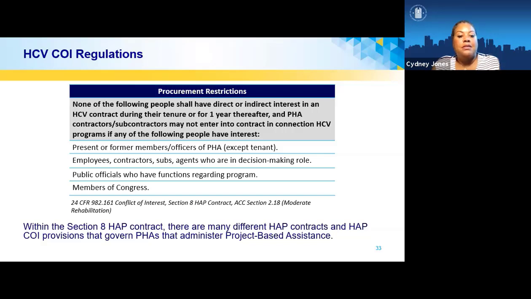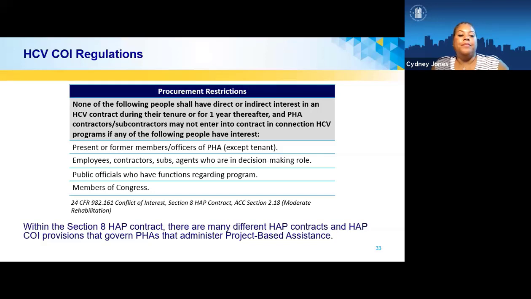What it says is that none of the following people shall have a direct or indirect interest in an HCV contract during their tenure or for 1 year thereafter, and PHA contractors and subcontractors may not enter into a contract in connection with HCV programs if any of the following people have interest.